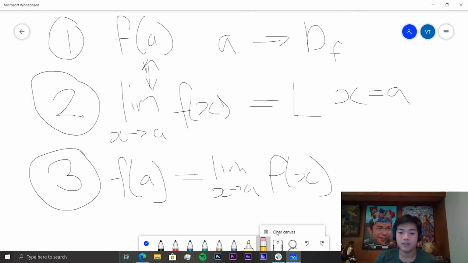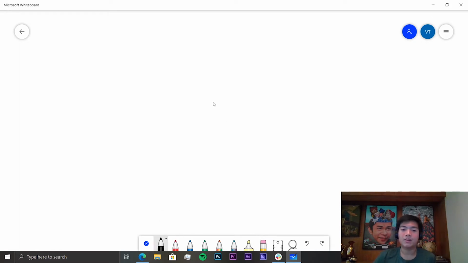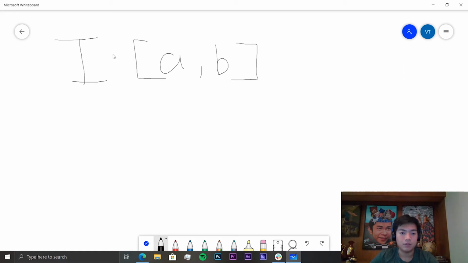Okay, so now we need to talk a bit more about continuity. Now we've defined it, if we give an interval, in general terms a and b, and a function is continuous for every point between a and b, then we say it is continuous on this interval, which we will call I. A function is continuous if it is continuous throughout its domain.